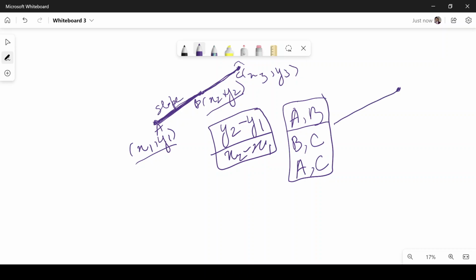You pick any 2 points on that line and you will get the same slope. So irrespective of which 2 points you choose, we will get the slope of that line.